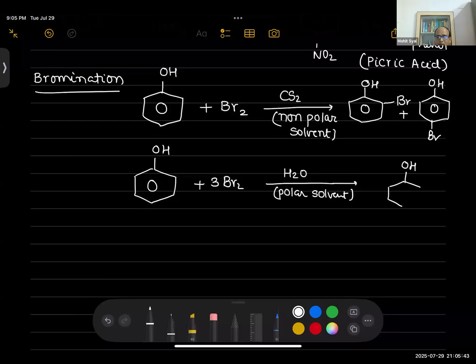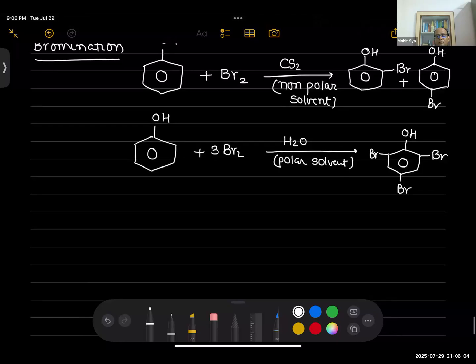All the three positions will be substituted, H will be substituted by Br, and this is known as 2,4,6-tribromophenol.